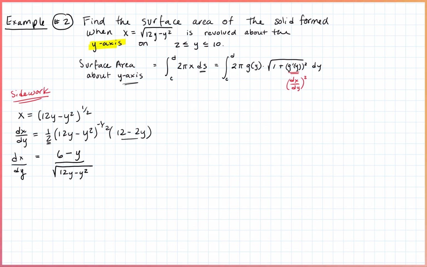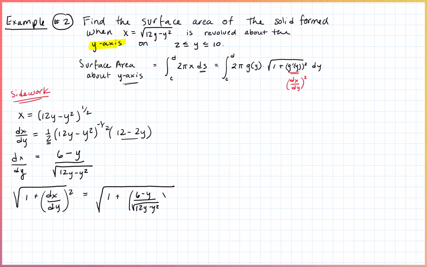Now we need to pop that guy into our square root of 1 plus dx dy quantity squared. So let's get this algebra and get it simplified. This is 1 plus, we're going to square 6 minus y over the square root of 12y minus y squared.